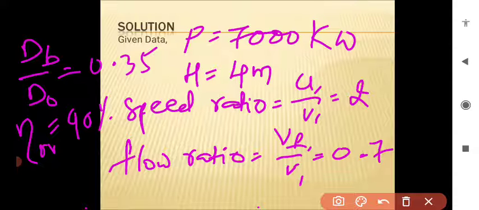Power developed by the turbine is 7000 kilowatt, head 4 meters, speed ratio is 2, flow ratio is 0.7, boss to runner diameter ratio is 0.35, overall efficiency is 90 percentage. So from this given data we will solve this problem.